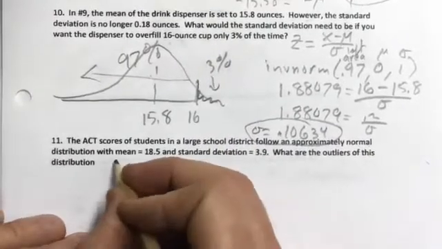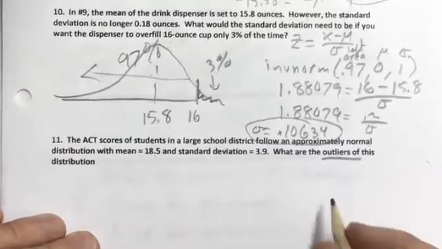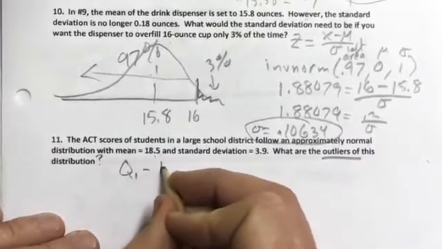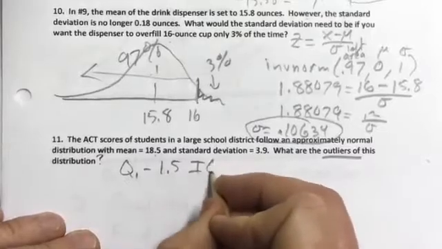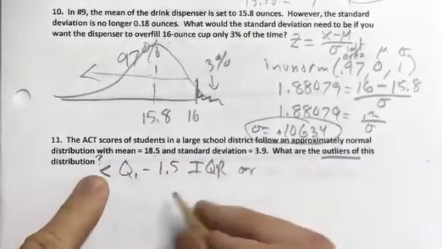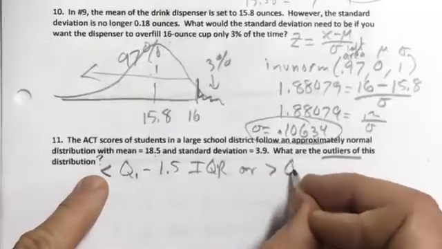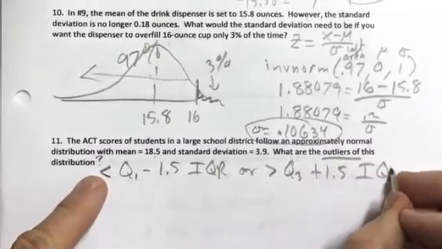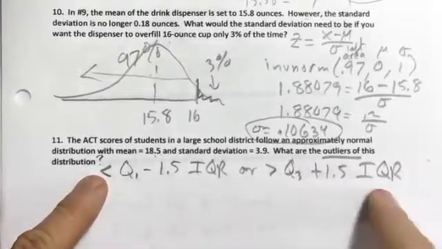Well, remember our formula for outliers: less than Q1 minus 1.5 times the IQR, or greater than Q3 plus 1.5 times the IQR. You have to memorize those formulas.